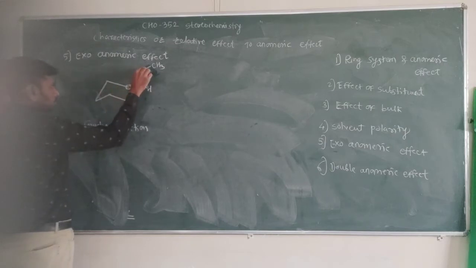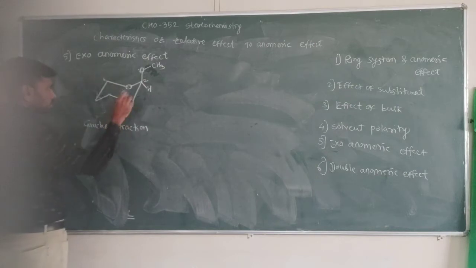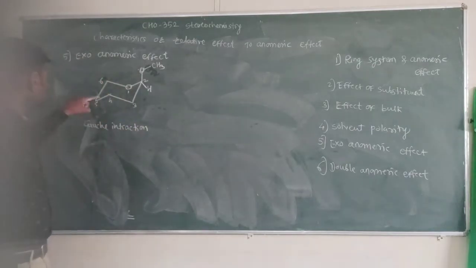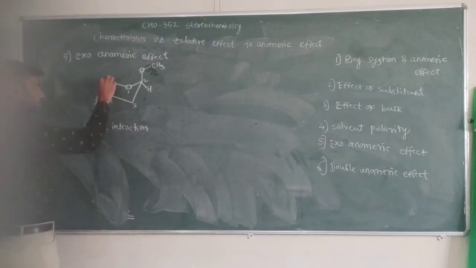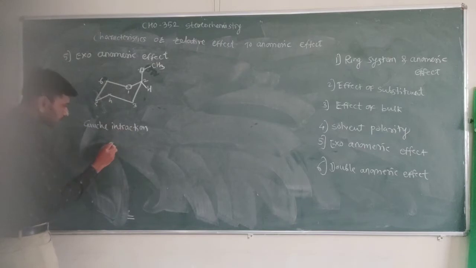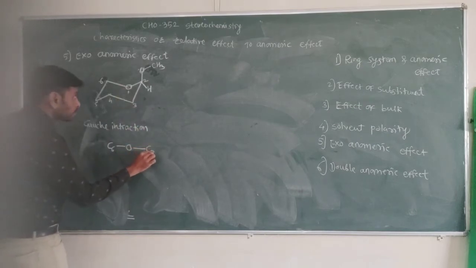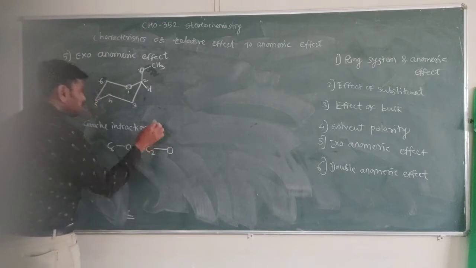Starting from here, 1, 2, 3, carbon number 4, 5, carbon number 6. So look at this compound: the gauche interaction between C6, oxygen, then carbon number 2, and again another oxygen.